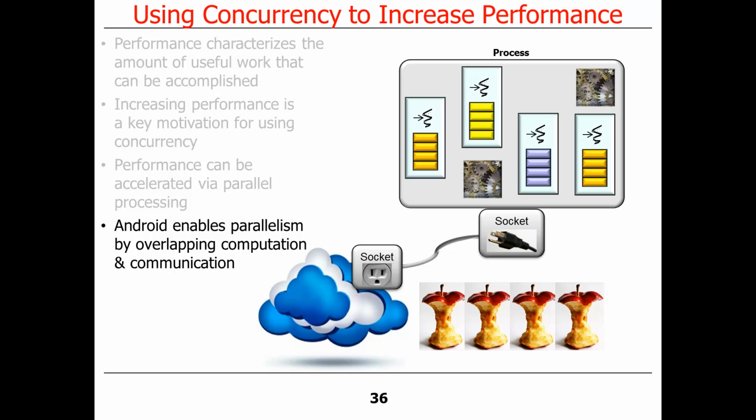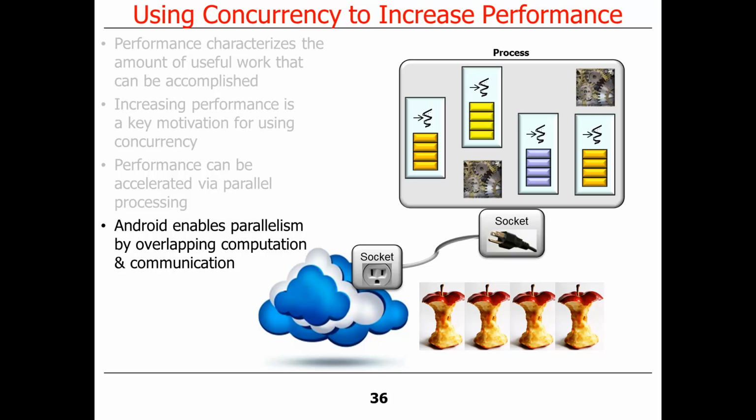Well, basically what happens is you're able to download a file while still being able to interact with the user interface. For example, you could conceivably cancel the download if you wanted to, or switch applications to something else. And that goes on concurrently. The downloading, the communication of the file goes concurrently with other computations you might want to perform.